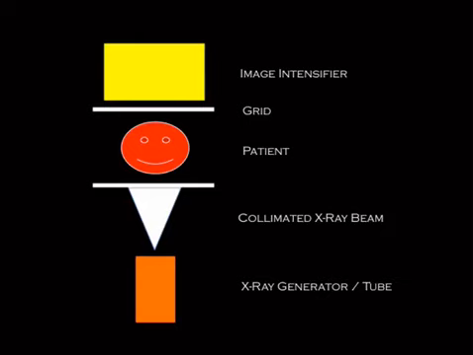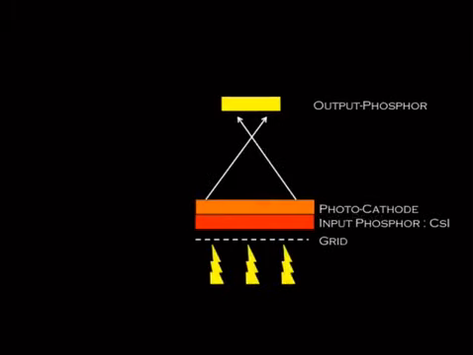General X-ray tube underneath of the table, and then you have a beam that's typically collimated, and then goes through the patient, and of course there'd be some scatter because it's Compton scattering as it goes through the patient, and then you have a grid to address that, and then that hits an image intensifier. So what is this image intensifier? Basically, it converts the X-rays to electrons, then it accelerates those electrons, and then it converts that to a visible image. So something like this.